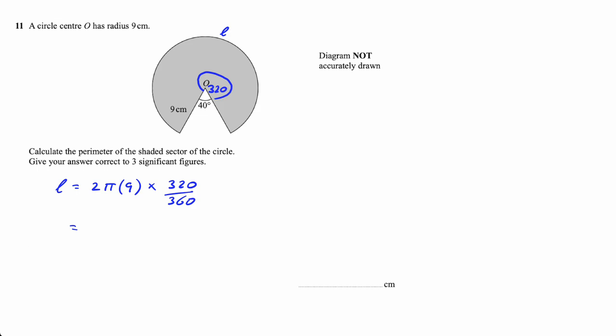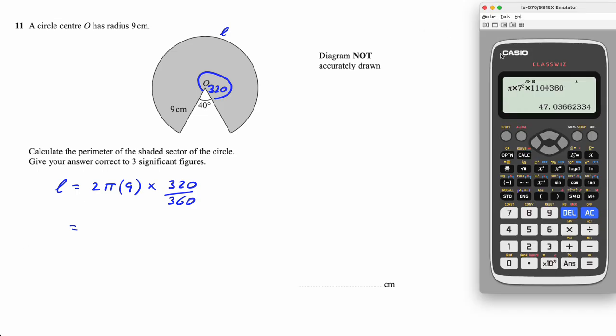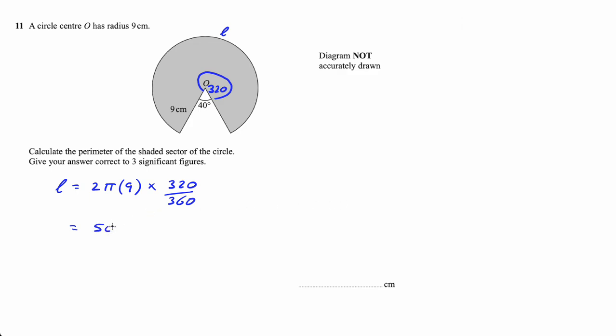Okay, this, guys, let's do this on the calculator. 2 times pi times 9 times 320 divided by 360, and I get 16 pi, exactly 16 pi. Let's say 50.265. I'll round it in a minute, guys.